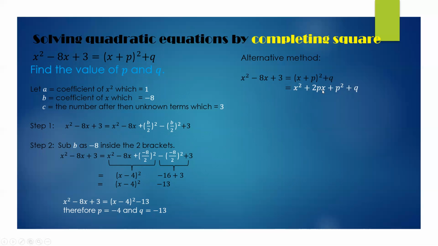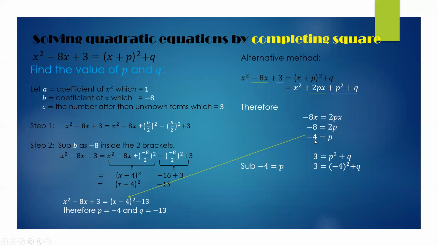And then you can see the one with x is 2p, and you only have one x here, so that means -8 must be 2p, right? The -8x must be 2px, so -8 must be 2p. All right, from here you know p will be -4. And from here also, this 3 will be equivalent to this. So because I know p as -4 already, I'll substitute here.